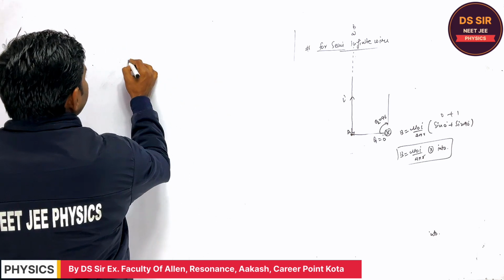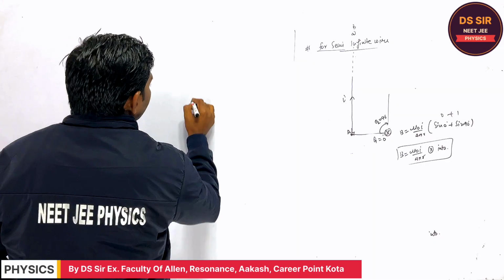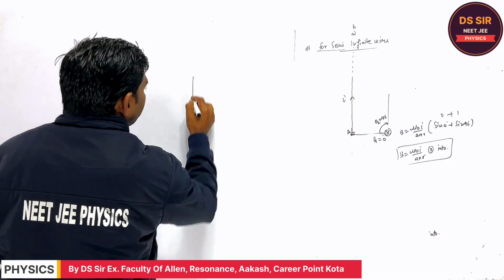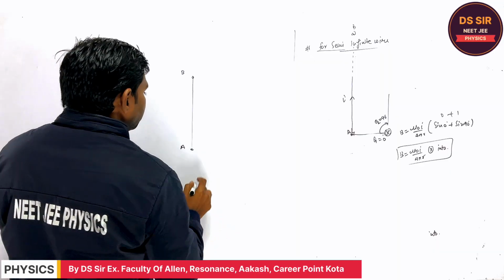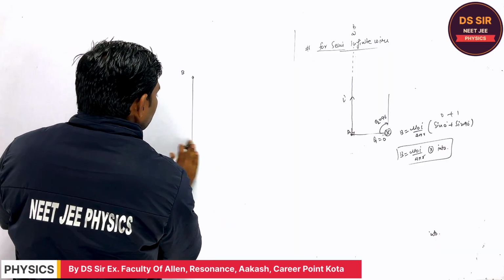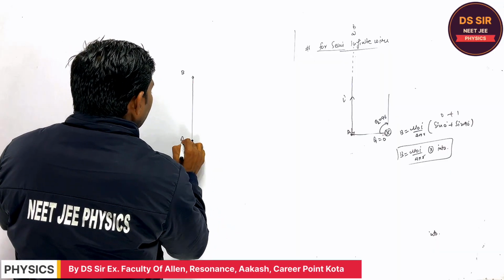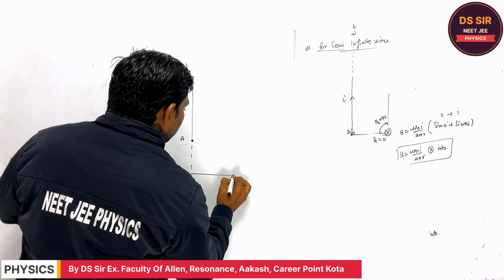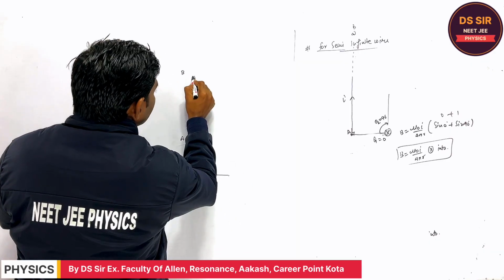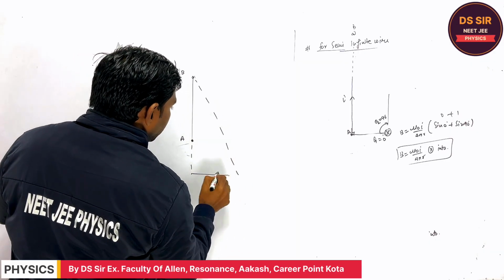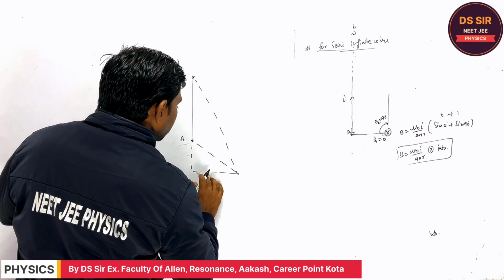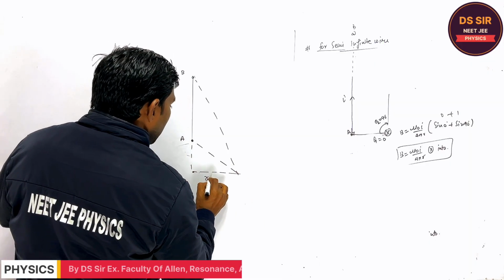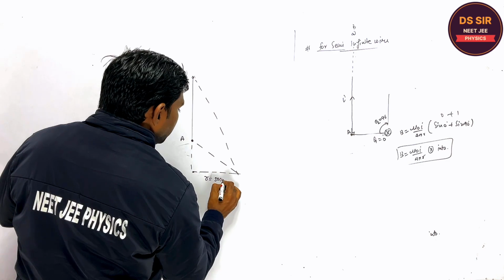Okay, so a very good question I am giving you. Suppose this is the finite wire, with ends A and B. This perpendicular distance R is given as 50 centimeter.